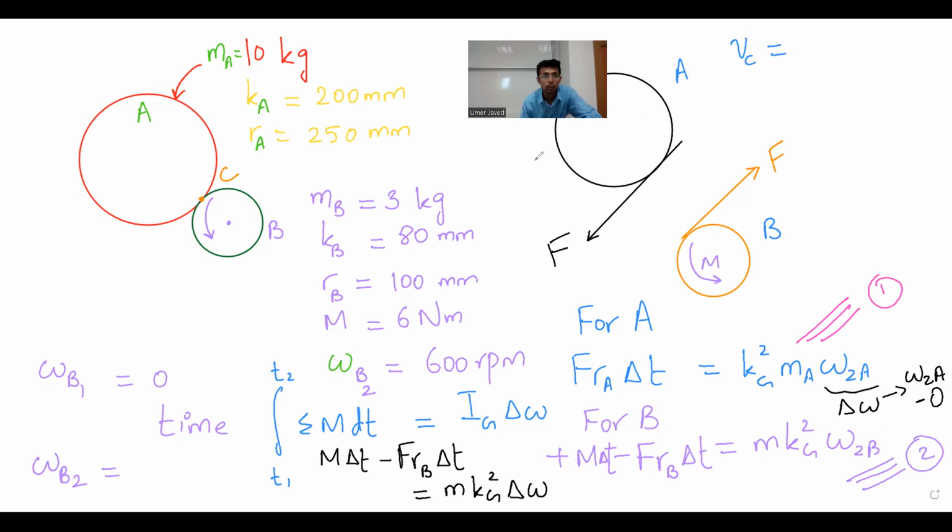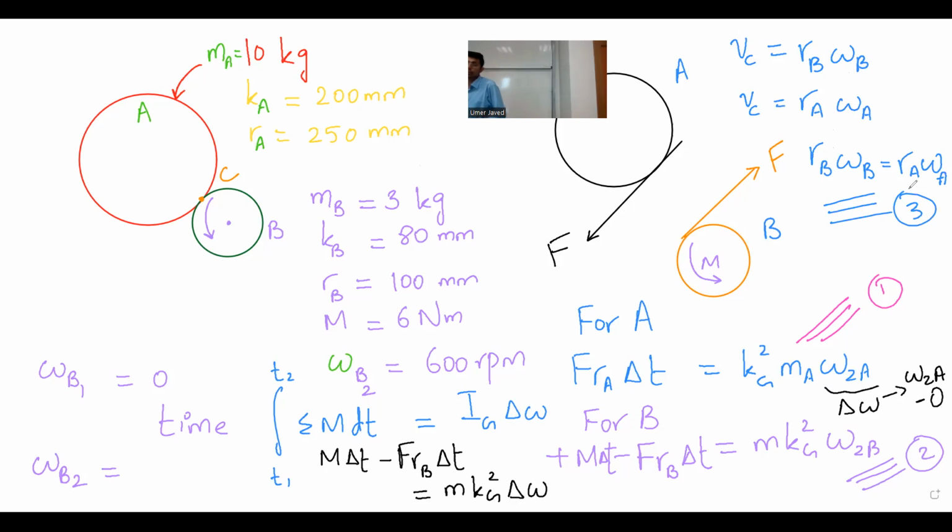VC is equal to RB, multiplied by omega B. Your answer was very close but not correct. RA multiplied by omega A. So I'm not sure why you cross multiplied them, but anyways, RB omega B is equal to RA omega A. Right? So Hussein's answer is the third equation.